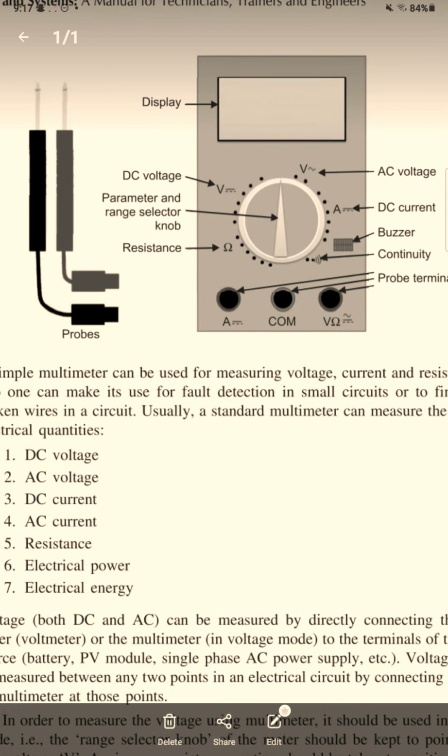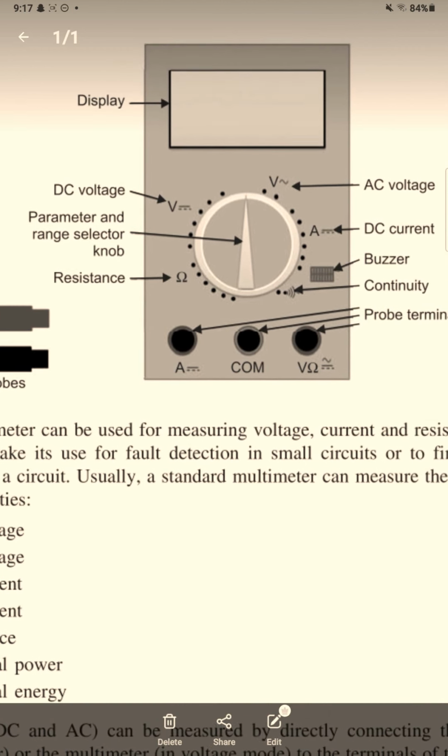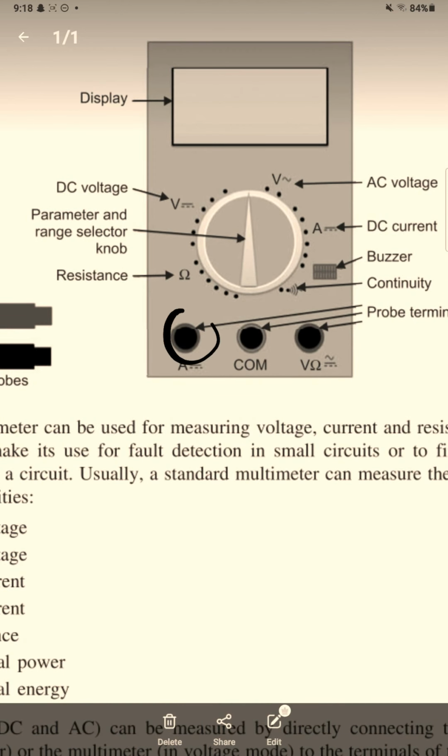When we look at the multimeter's further parts, you see there are probe terminals. There are especially three probe terminals. Some multimeters may have only two terminals, some may have three, but one terminal that is there in all multimeters is known as COM.